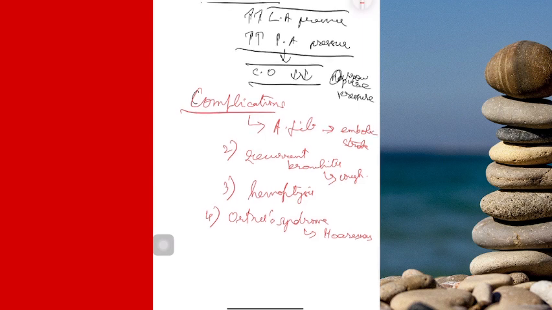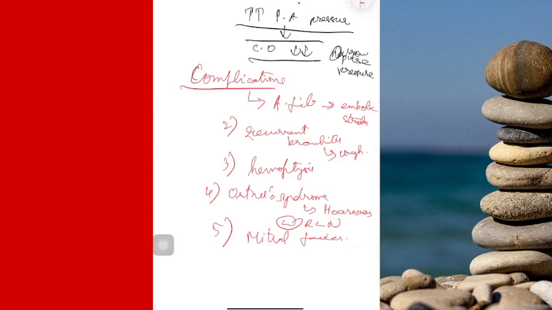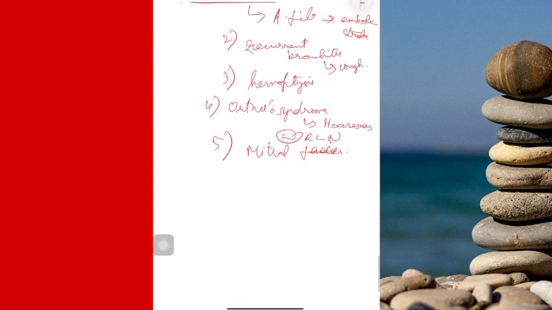So when it comes down, if your left atrium is enlarged, it can compress your left recurrent laryngeal nerve. Okay, and there's something called mitral facies. That is, you will have a typical pink-purple blushed face that is mainly seen in severe MS. So these are the complications of mitral stenosis.